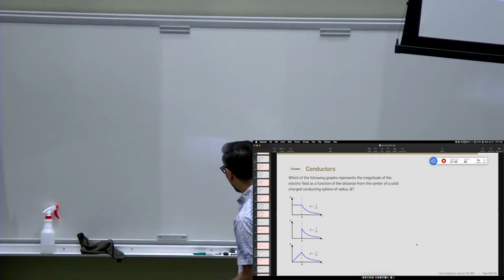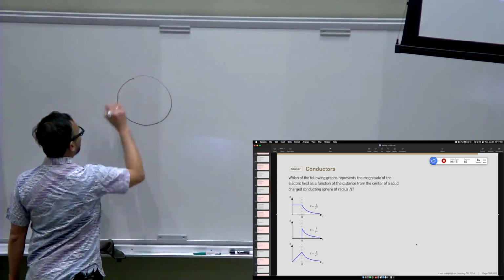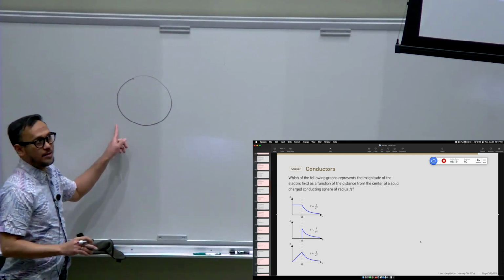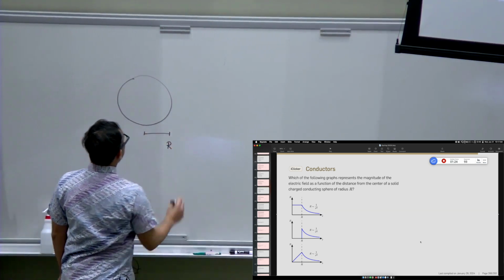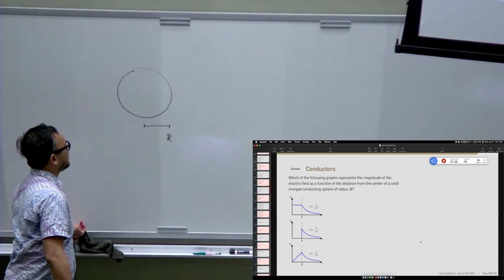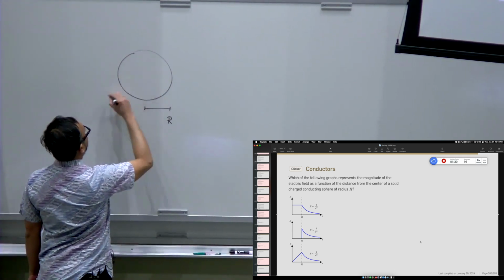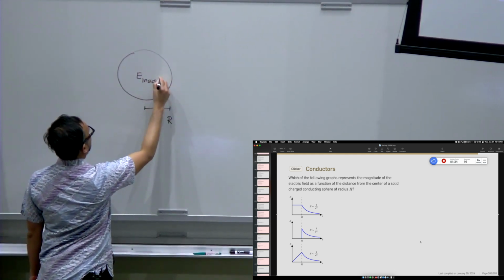You know this from SEN that when you do a physics problem, it's better to start writing and drawing. So this is a conducting sphere, the radius is r. What do we know about conductors? That the electric field inside is equal to 0.